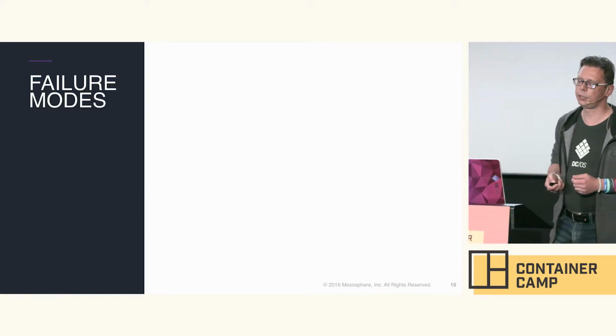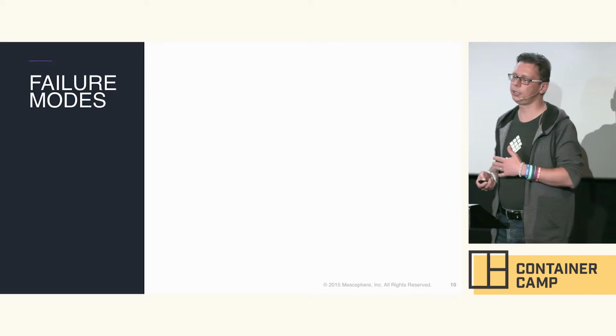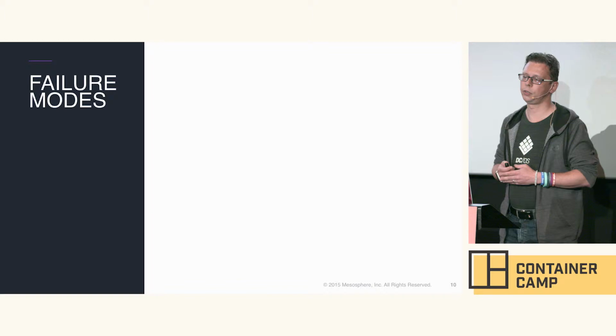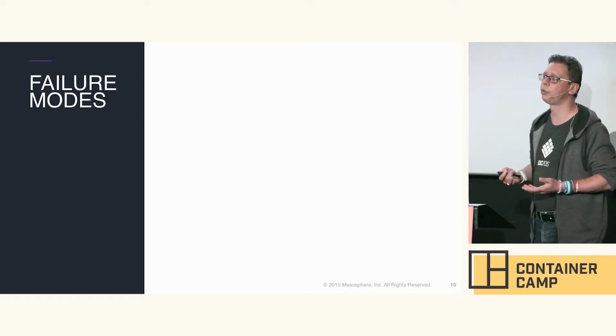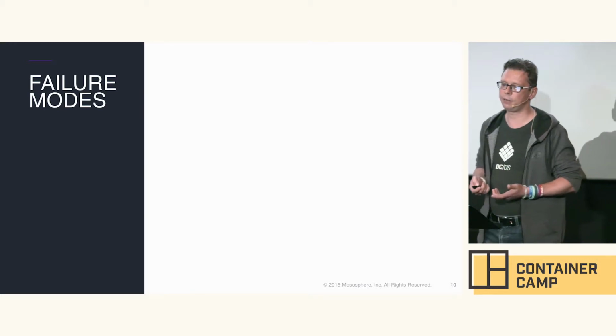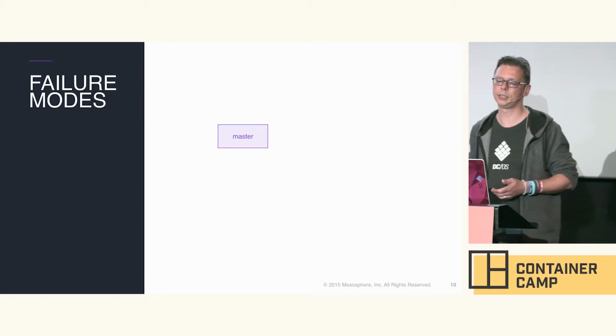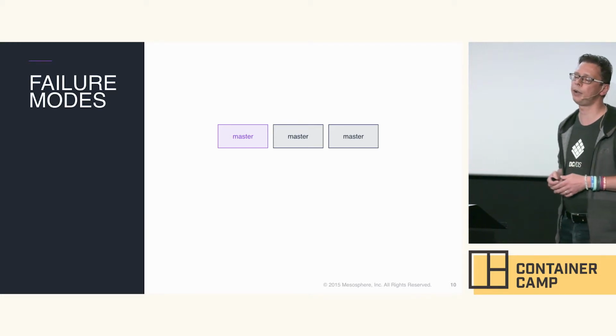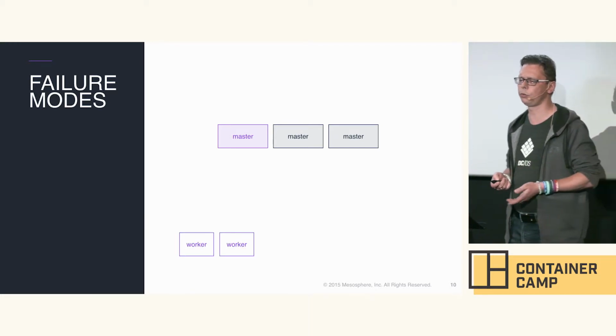So let's have a look at different failure modes. And what I tried here is to kind of abstract away from concrete container orchestration platforms like Kubernetes and Docker Swarm and Marathon and so on. You pretty much have, in all of these different systems, masters, typically one active master and some standby, and you've got worker nodes, right?